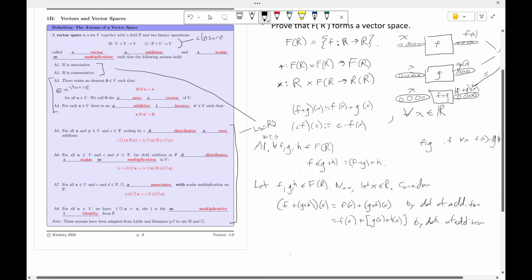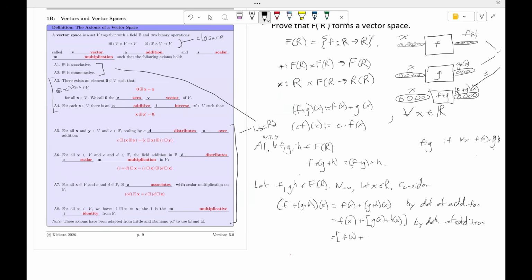Well, now we can see the other function. The brackets are in the other order. They're not bracketing the second two, they're bracketing the first two. If we look here, these are the outputs of the real valued functions, which means they're real numbers. And so I'm just simply adding three real numbers. And that is an associative operator. So this is equal to f of x plus g of x, all plus h of x, as real addition is associative.